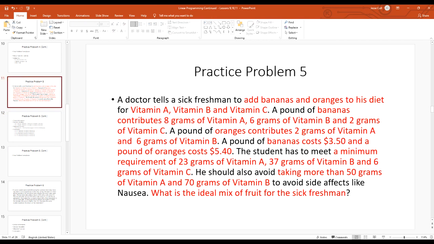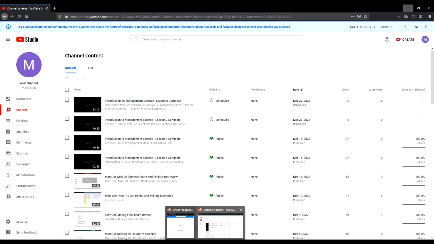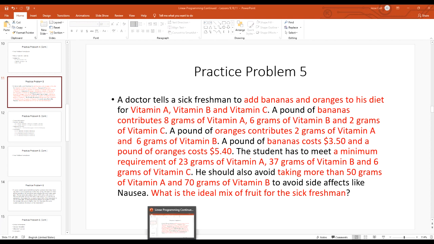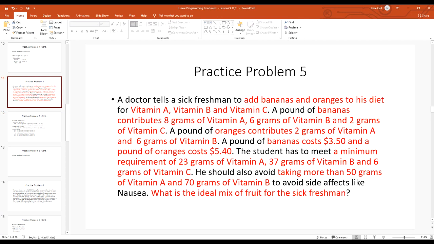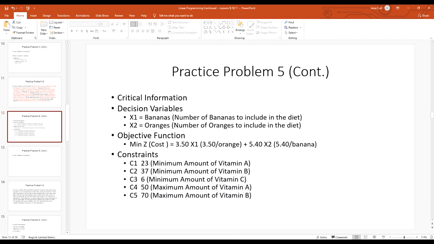So we come back here and we see bananas is 8A, 6B, 2C. So bananas is X1. And so we see from here it's 8, 6, and 2.